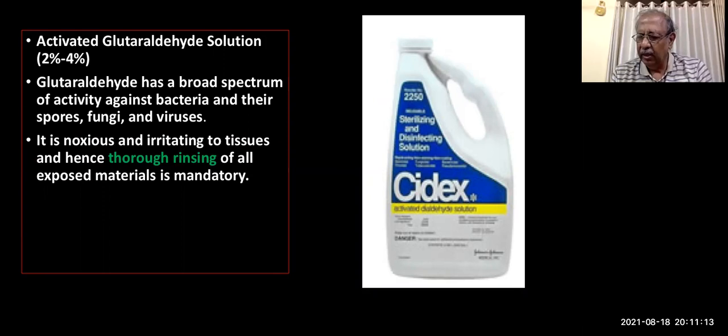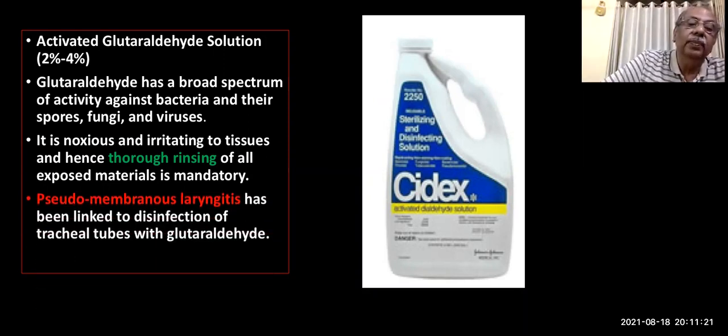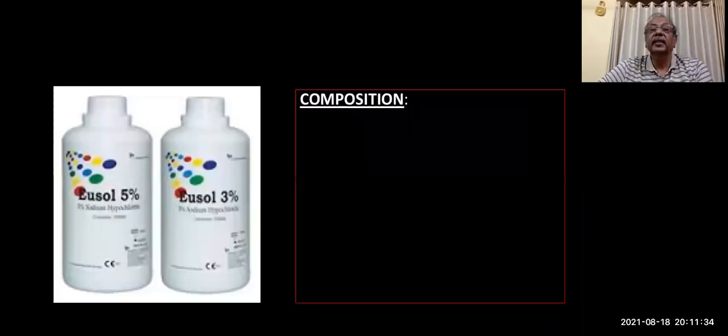Suppose you are putting one instrument in Cidex and taking it out, it should be thoroughly washed with saline before it is being used. It can produce pseudomembranous laryngitis, so if tracheal tubes are put in this solution of Cidex.